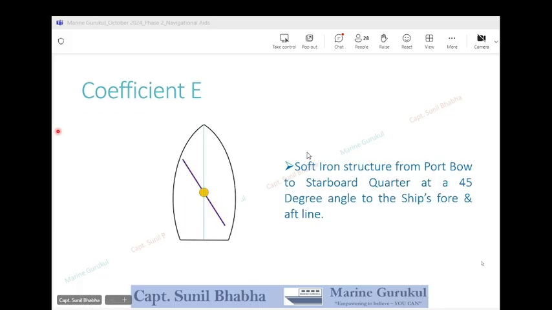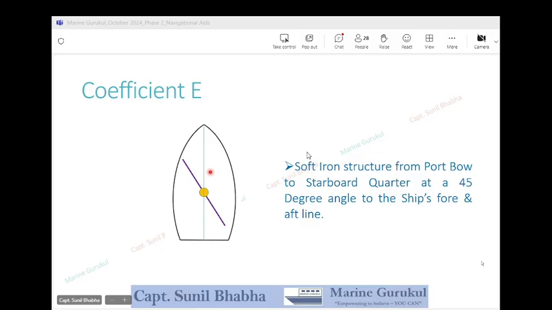So for generation of coefficient E, we need to have a soft iron structure on the ship in this particular orientation. You can see a soft iron structure at a 45-degree angle to the fore and aft line or to the athwartship line. A normal merchant vessel will not have any structure like this.